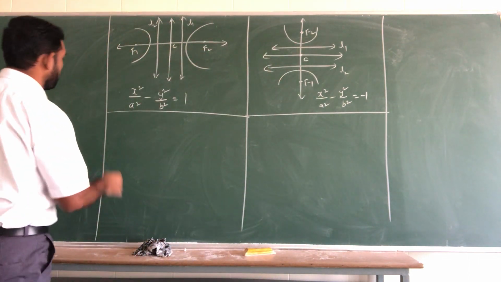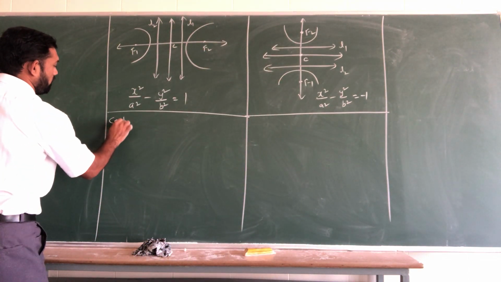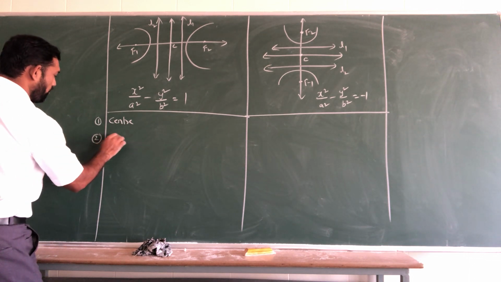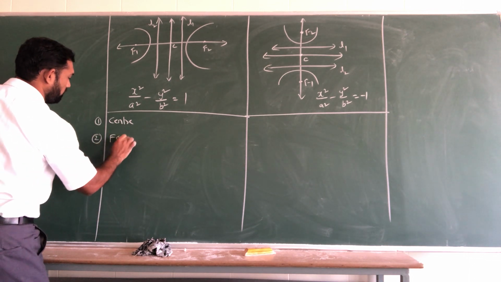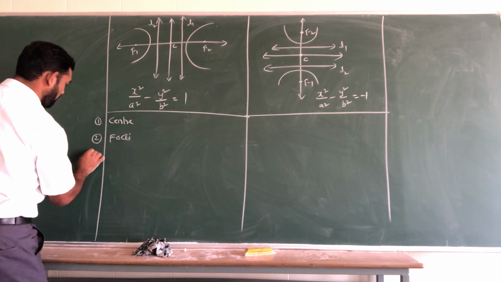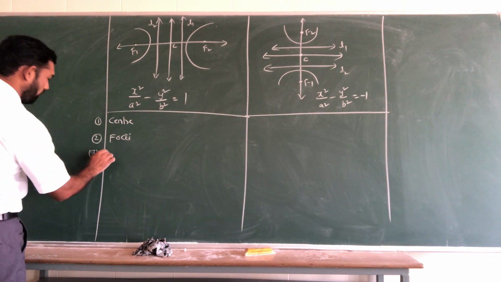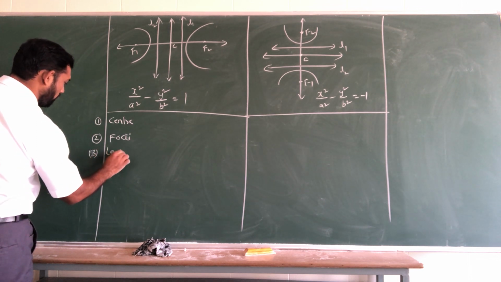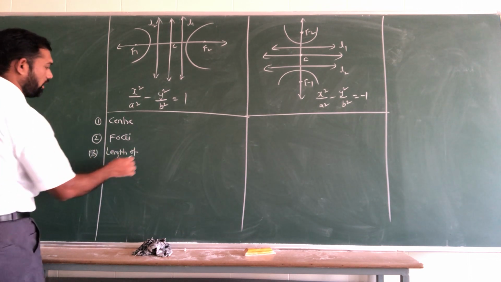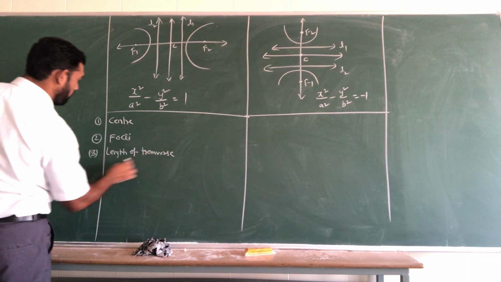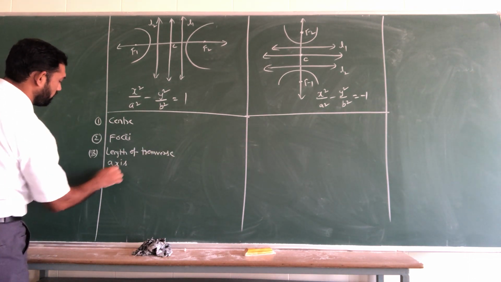First one is center. Second point, foci. Third point, length of transverse axis.